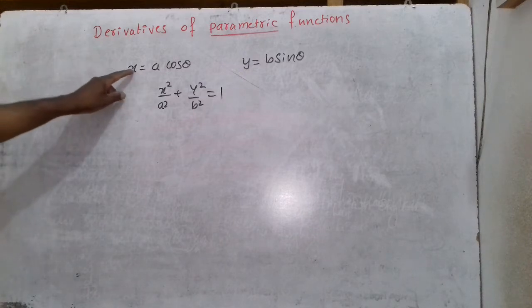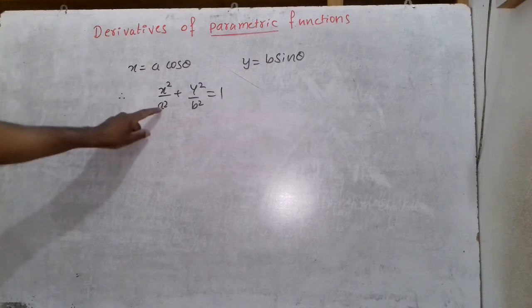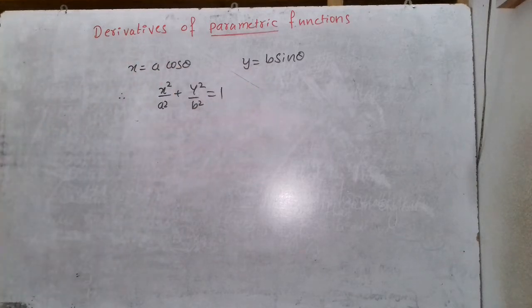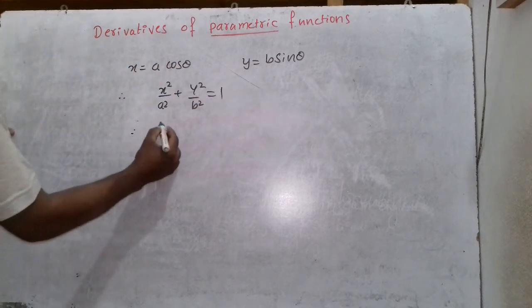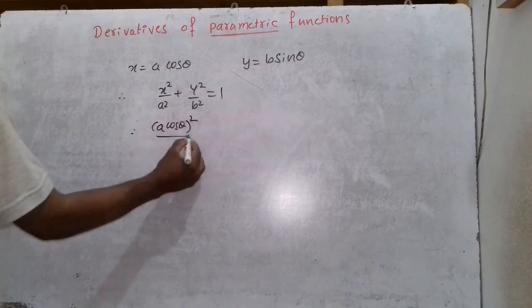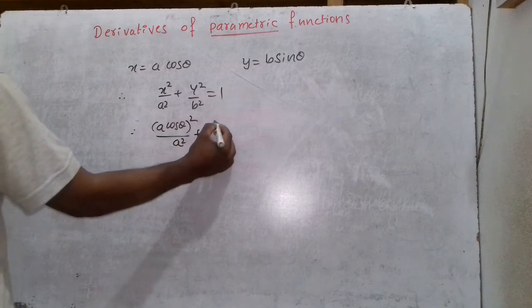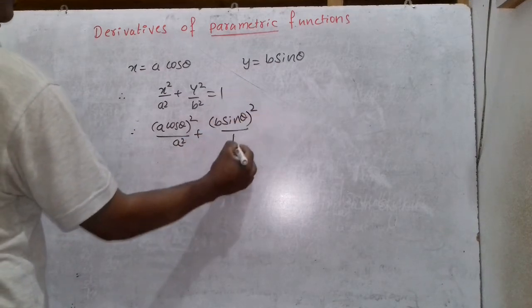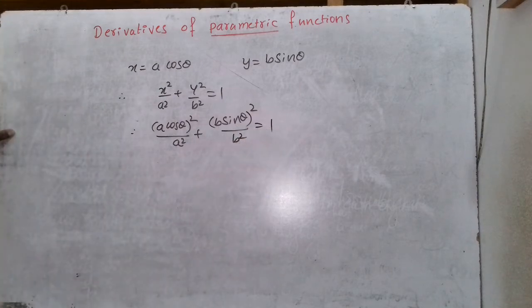Now substitute x equal to a cos theta and y equal to b sin theta in this equation. This becomes (a cos theta) square divided by a square plus (b sin theta) square divided by b square equal to 1.